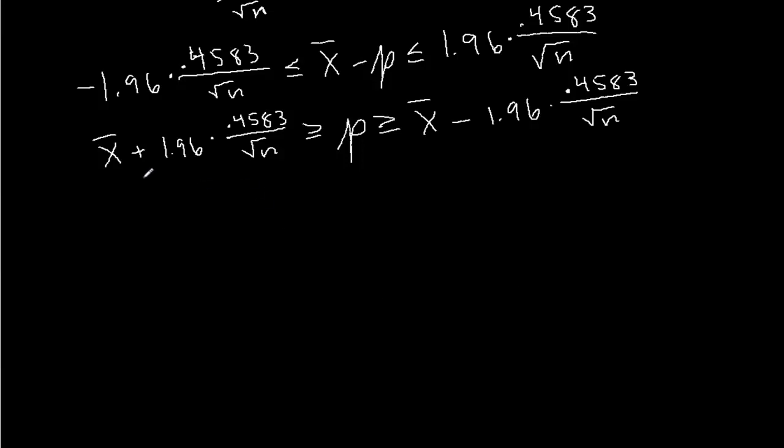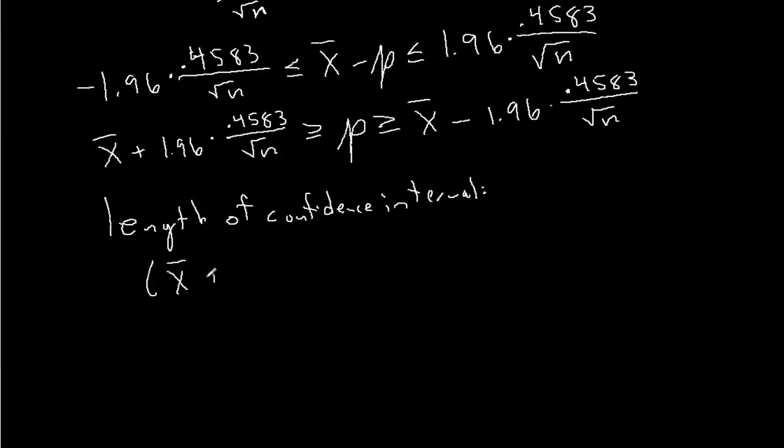So we're going from x bar plus this value to x bar minus this value, or if we go from left to right on the number line, we're going from x bar minus this value to x bar plus this value. That implies that the length of the confidence interval is the difference between those.